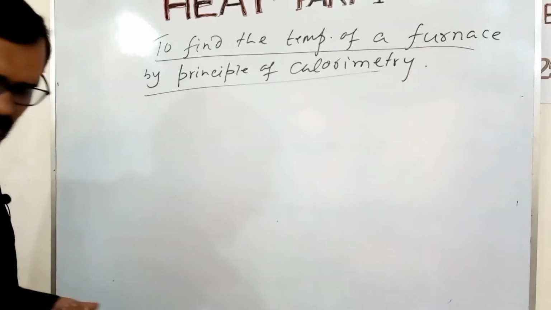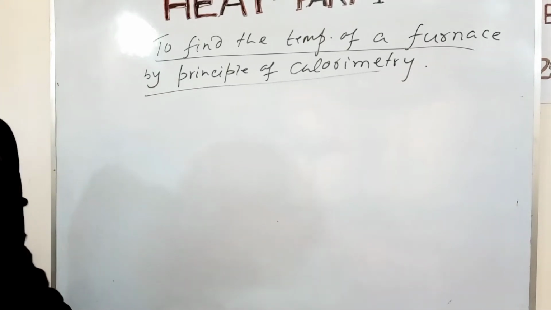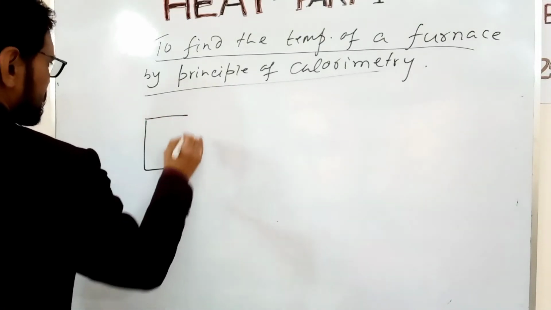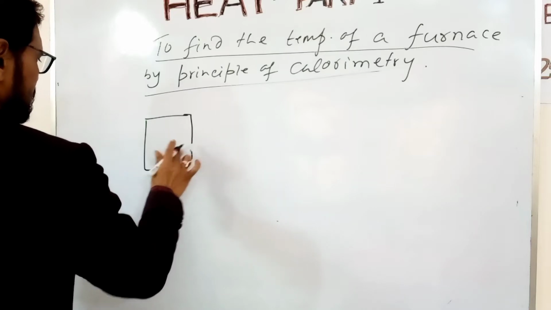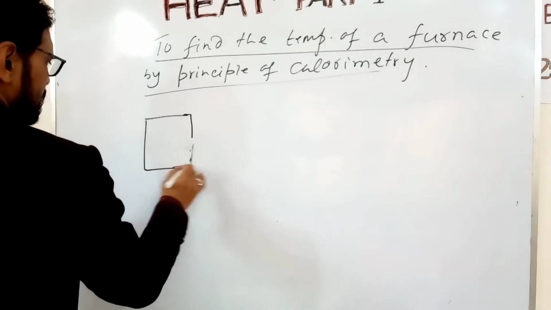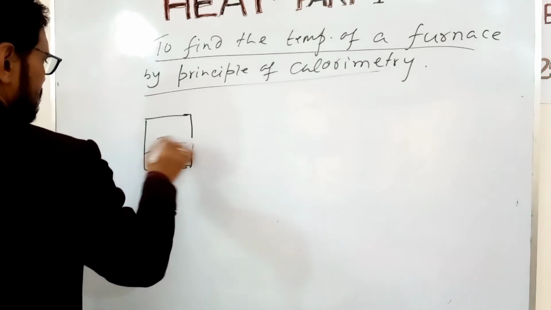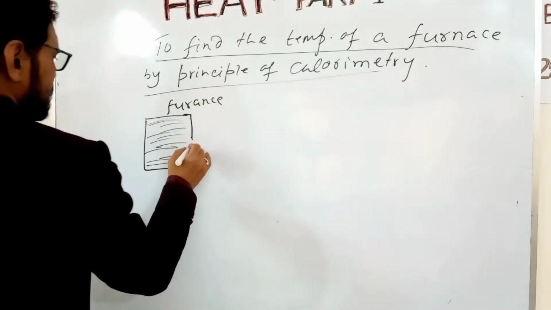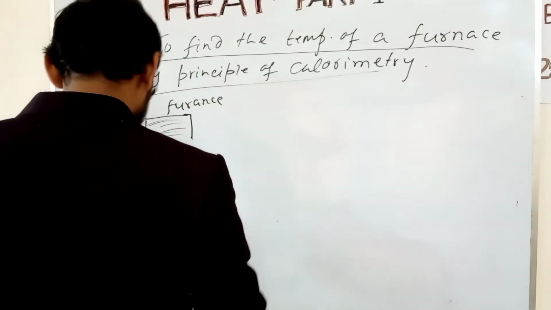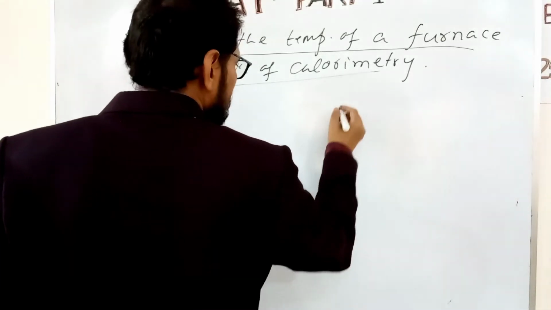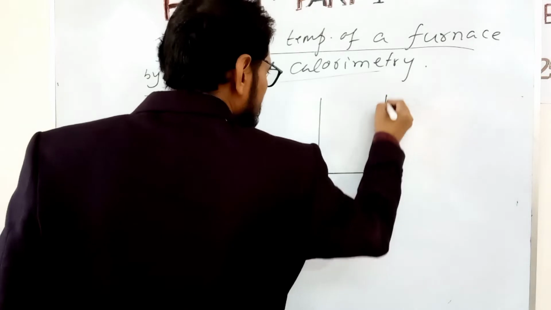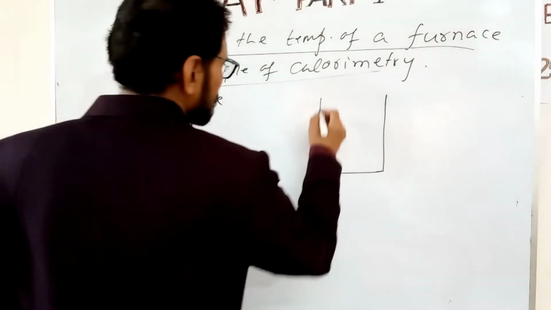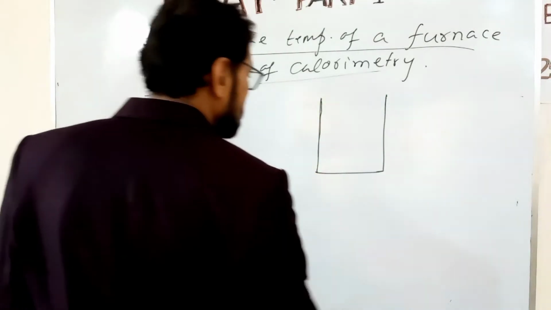Suppose this is a furnace, and we take a calorimeter. A calorimeter is simply a container of copper, and here some liquid is present.